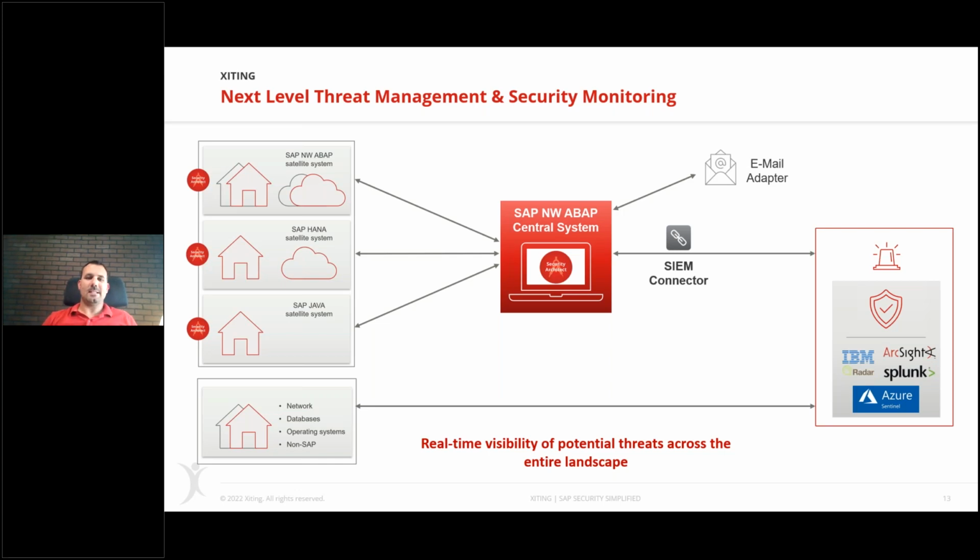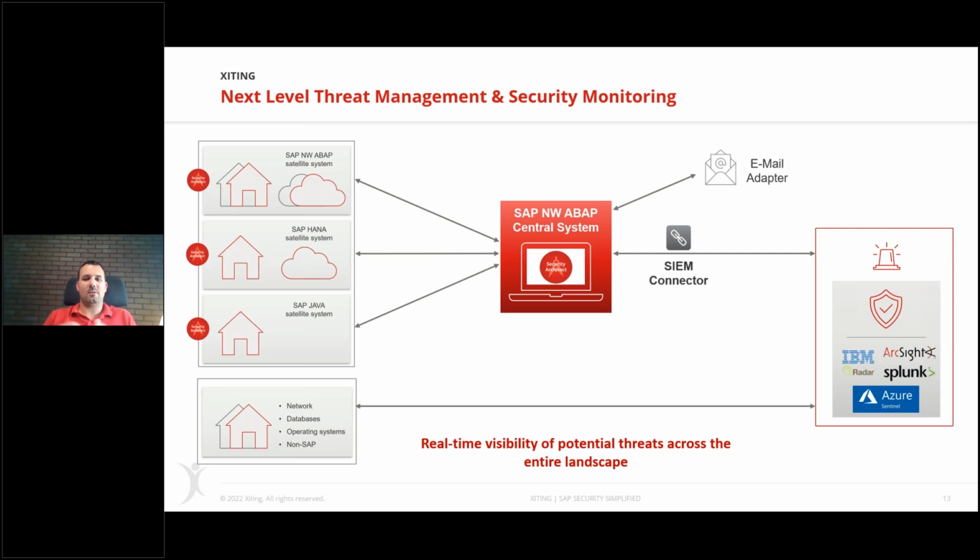Now, in case I assign it to myself and take it off 2 minutes later, and there's no check run at that time, we wouldn't see that, because it's doing an analysis at a given time. With the SIEM connector, on the other hand, an add-on to the security architect that can be configured, we can achieve real-time monitoring. So if I assign SAP_ALL in production, an alert would be triggered in real time.